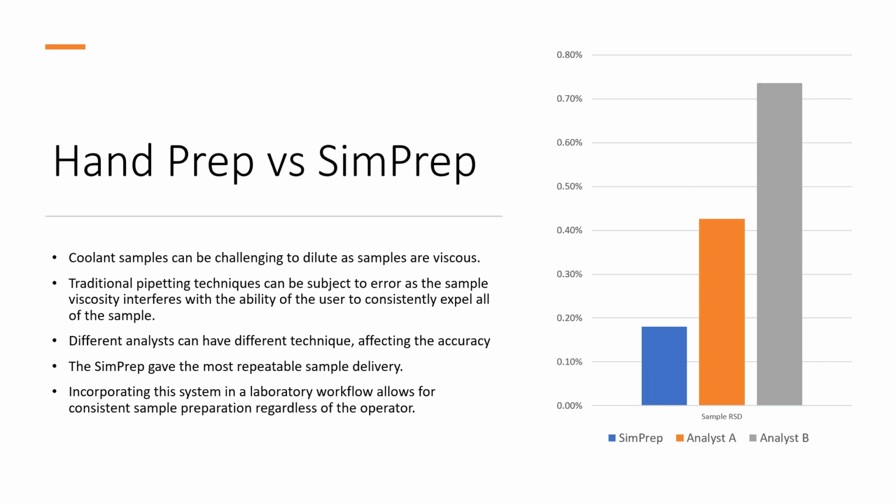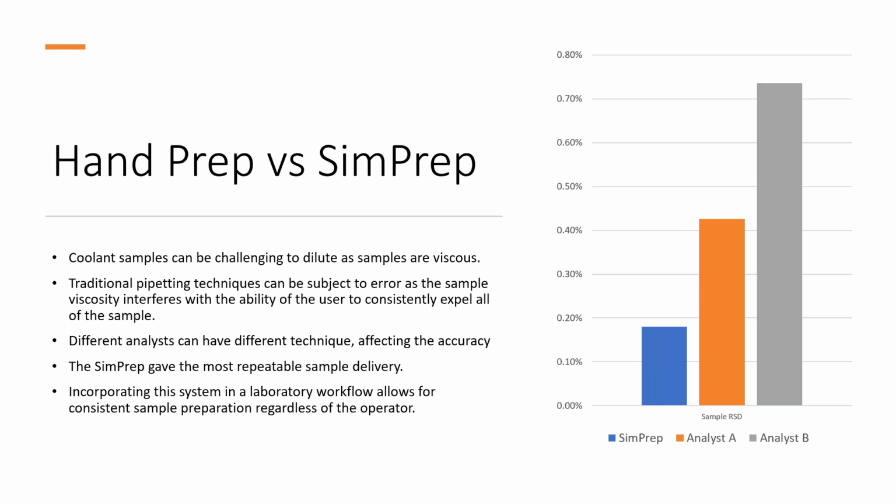What you can see is the SimPrep has the best RSD level for that, dispensing with less than 0.2% RSD, but the analysts did very well with 0.4% and 0.7% reproducibility. The real advantage of something like the SimPrep, in this case, is that it gave the most repeatable sample delivery.